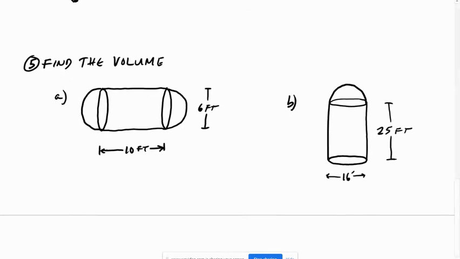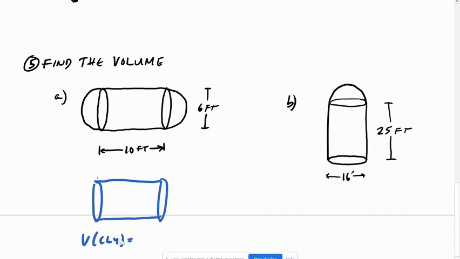Okay, in the next example, we have composite figures. In both of these examples, we have cylinders and spheres joined together. In the first example, the volume of the cylinder is base area times height.